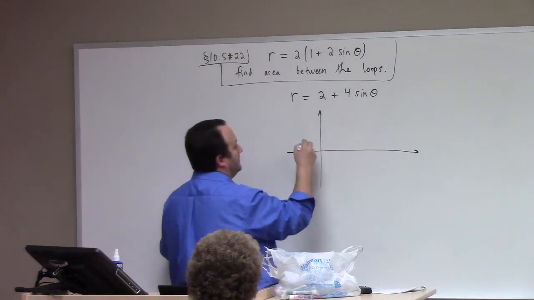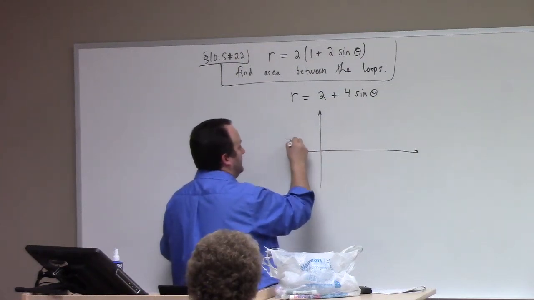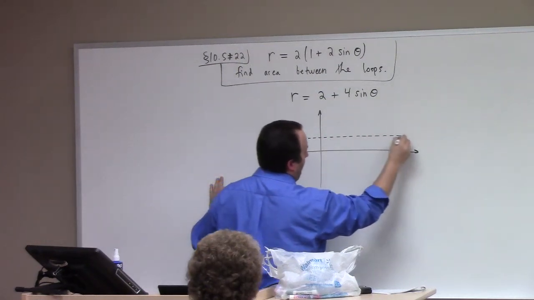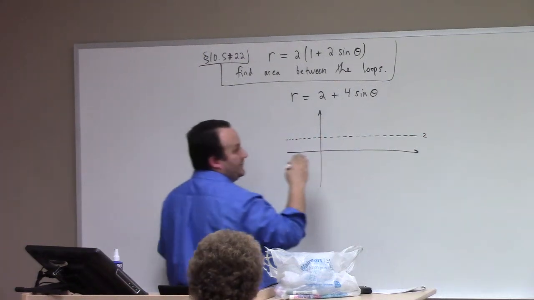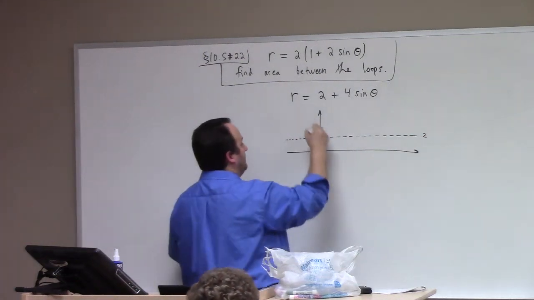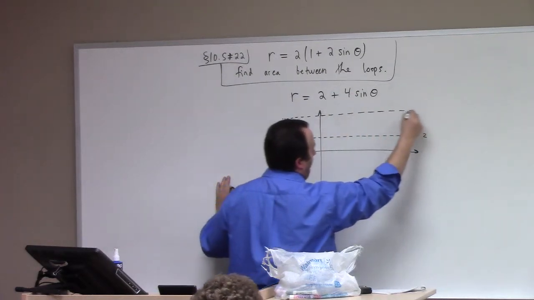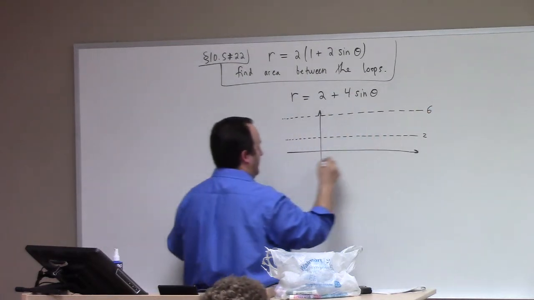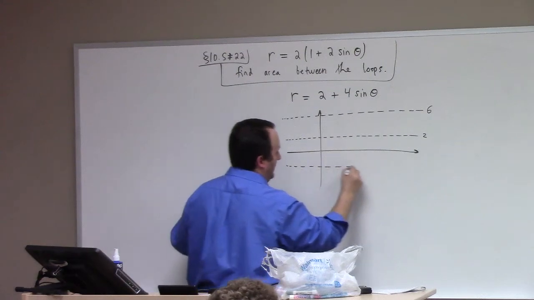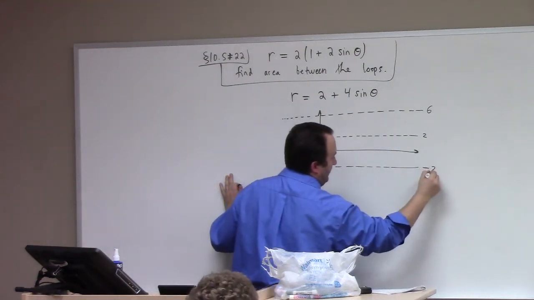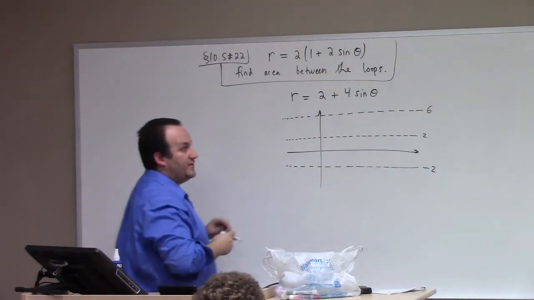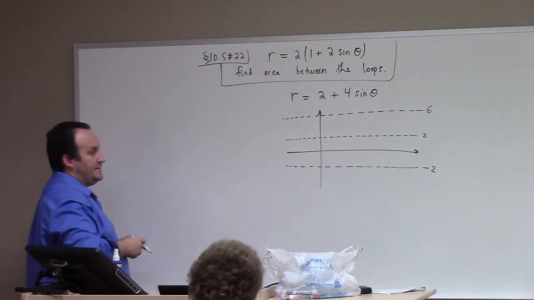So we're working around 2, right? And we're going plus or minus 4 from there. So we're going to 6, and we're going down to minus 2, right? 4 above, 4 below, and it's sine theta.